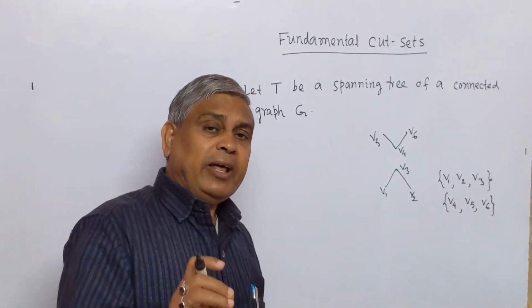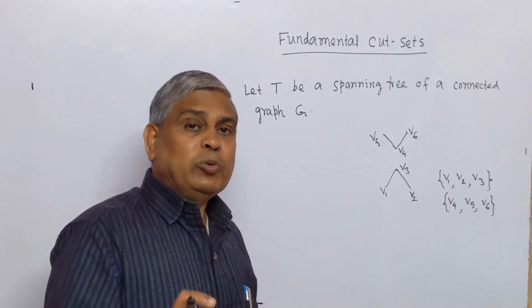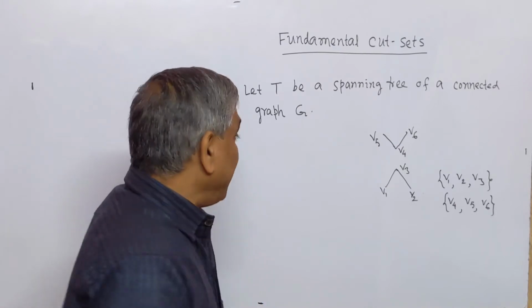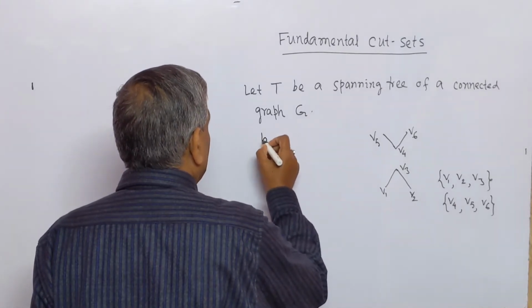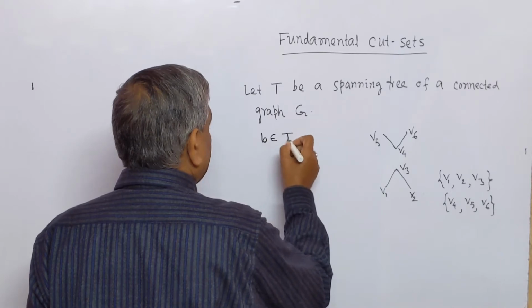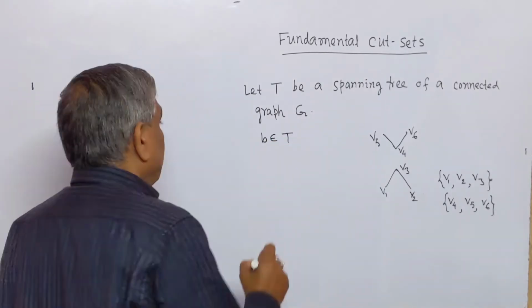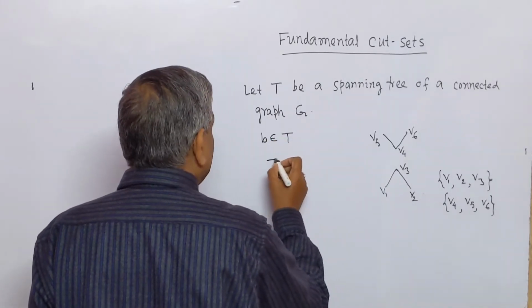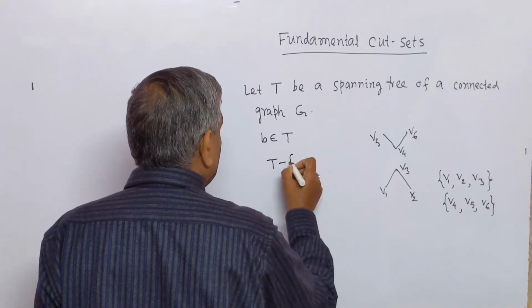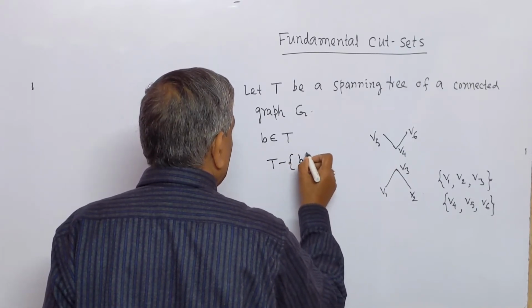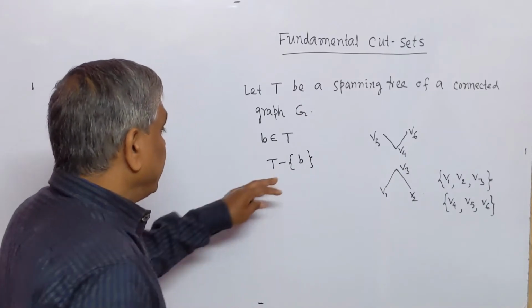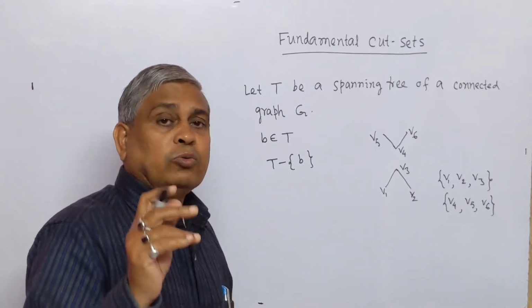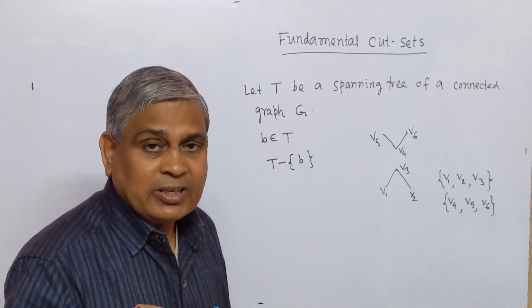In a similar manner, if we remove a branch B of the spanning tree T from the spanning tree T, we get two disconnected graphs.